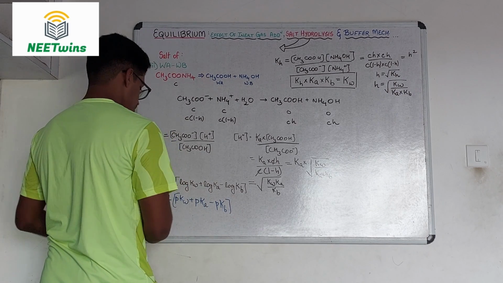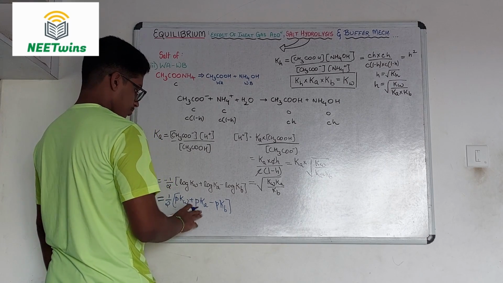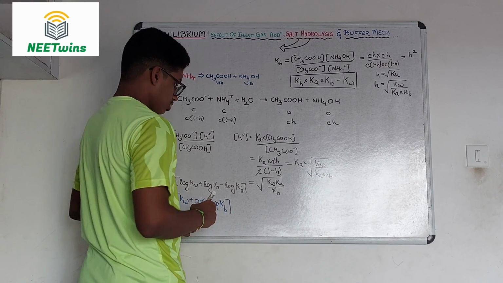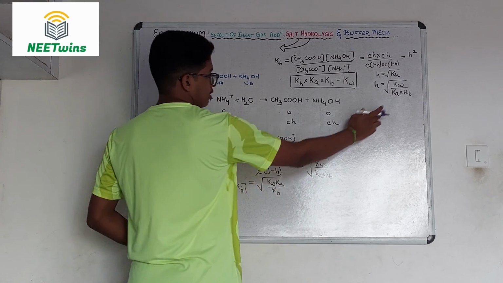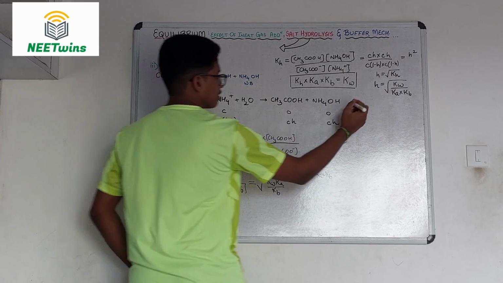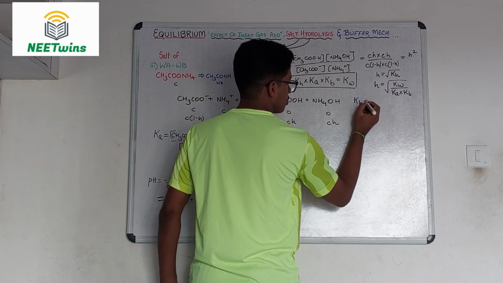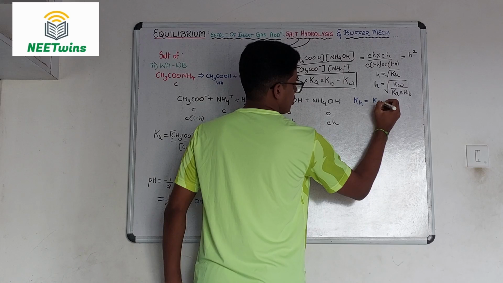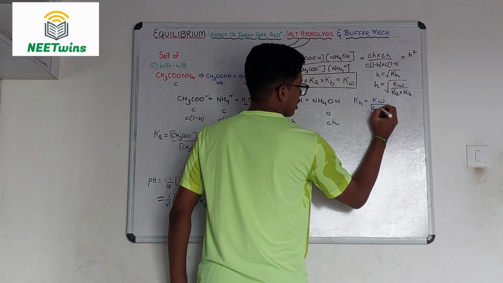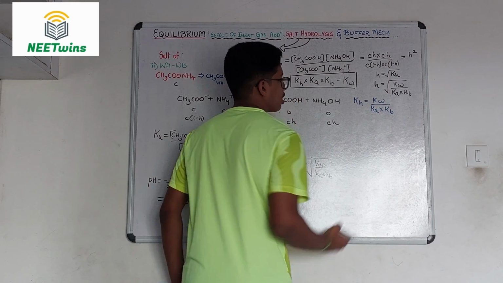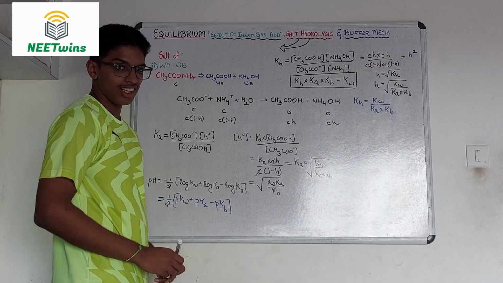So in this case, pH is equal to half into pKw plus pKa minus pKb. So this is one equation that's required, this is another, and this is another. We can write this in terms of Kh as Kh is equal to Kw by Ka into Kb. So this was all about salt hydrolysis.